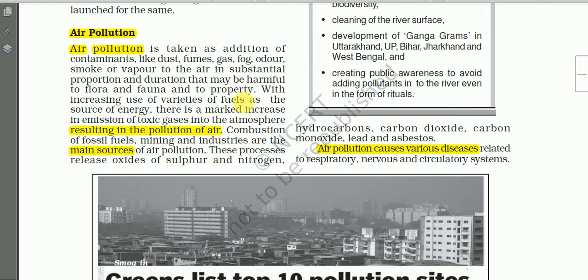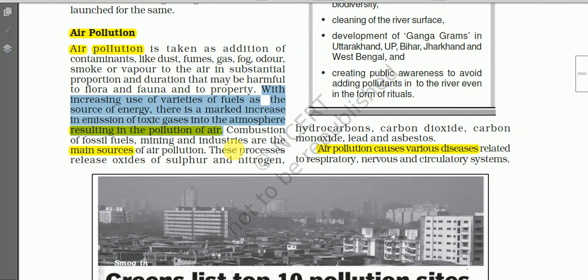And about the causes of air pollution, we are very much familiar. With increasing use of varieties of fuels as the source of energy, there is a marked increase in the emission of toxic gases into the atmosphere, resulting in the pollution of the air.